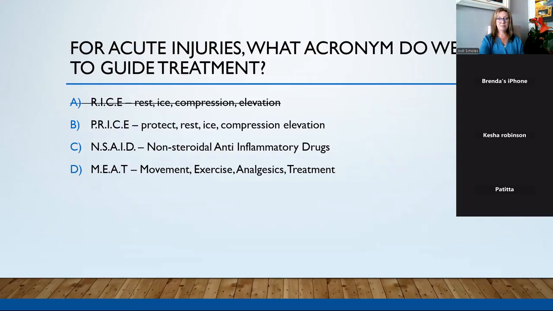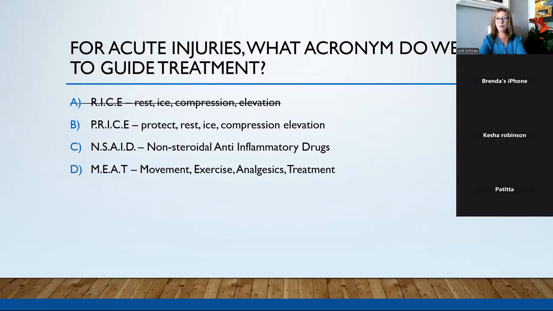D, MEAT. 3, 2, 1, go. Let's see. Again, we're getting a little long in the session here, so I'm just going to peruse. Careful, careful.